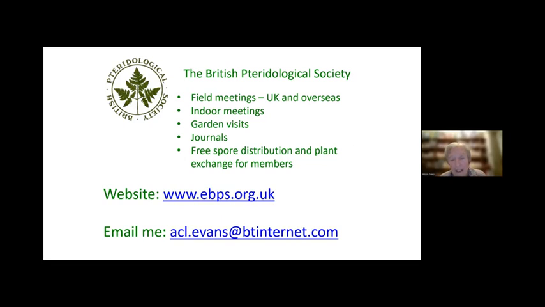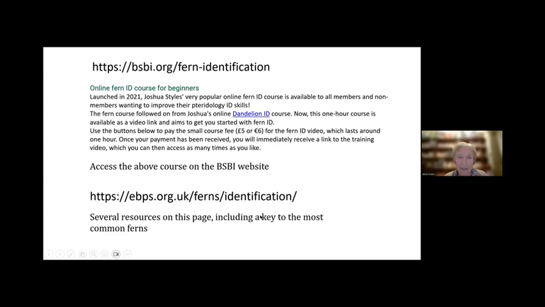There are pages for fern identification on our website. Or if you've got a photo and you don't want to fight with websites, you can always email it to me and I'll do my best to tell you what I think it is. Now there is another ID course online, Josh Stiles, who you may well know, who I have to say is an alumnus of Edge Hill University.